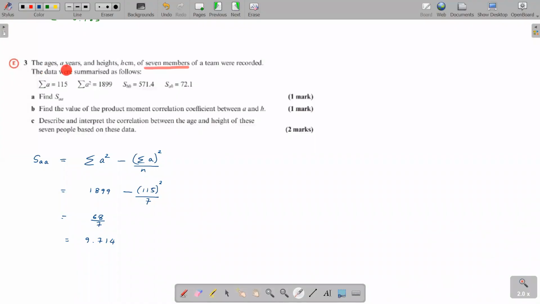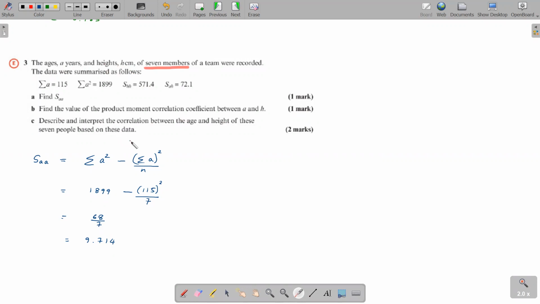So you need to understand that the age, A years, is your explanatory variable, the x variable, the independent variable, and the height, H centimeters, is the response variable or the dependent variable. So the height is what we are measuring with respect to the age. As age changes, we are recording how the height responds to that. So that's important.